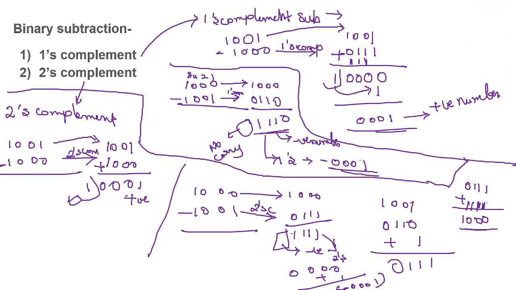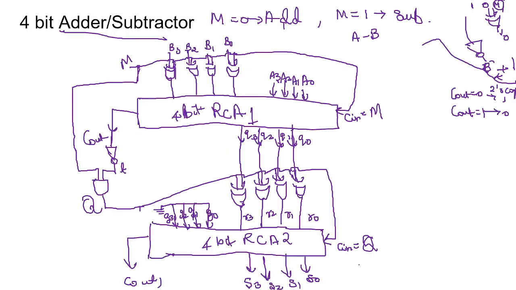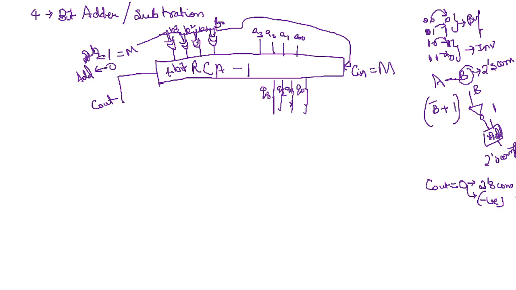In the 2's complement subtraction, whenever the carry is 0, the number is negative and I have to perform 2's complement. When the carry is 1, the result is positive, so I need not perform the 2's complement. And this we have to perform only when I am doing subtraction.